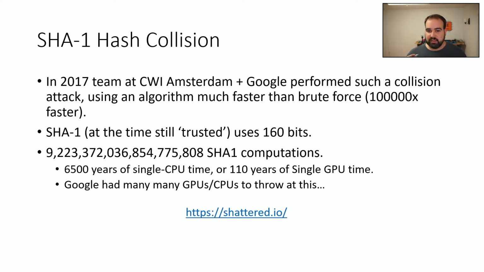And even with this 100,000 times faster than brute force, you can see it still took basically 110 years of, if you considered a single GPU time, right, it would take 110 years. Obviously, they had a lot more GPUs or CPUs to throw at this. So it didn't take 110 years, but it was still a very significant amount of time. I think it was equivalent to like $100,000 worth of compute time.